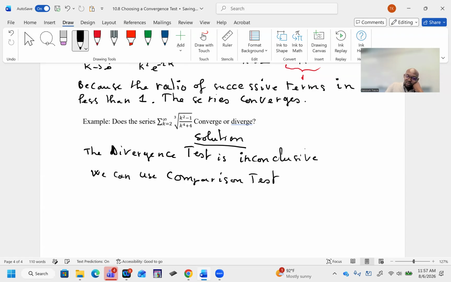First thing, we know the cube root of k squared minus 1 divided by k to the power of 4 plus 4 is approximately equal to the cube root of k squared divided by k to the power of 4, which is equal to 1 divided by k to the power of 2 thirds, right?